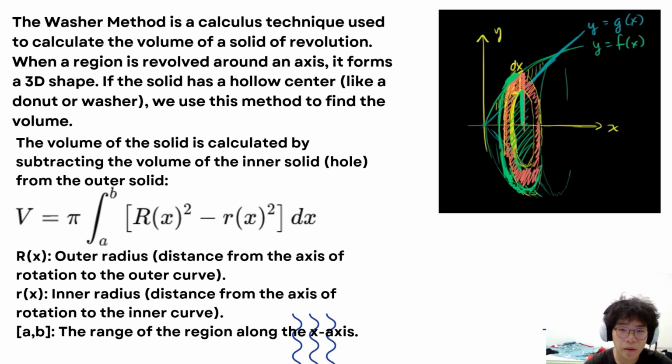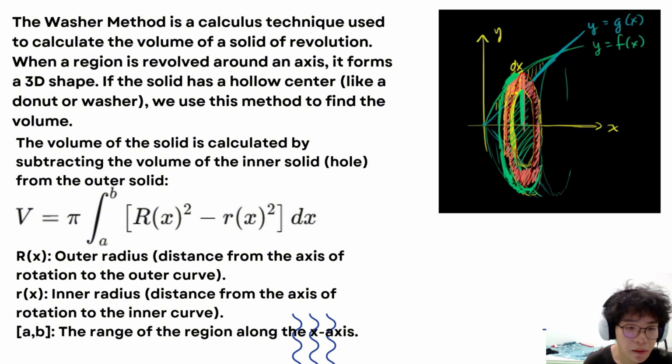The idea is we get to know the outer radius and the inner radius, and then we can obtain the areas of the individual circular rings. We can see here the rings, and then we sum them up and we get the volume.